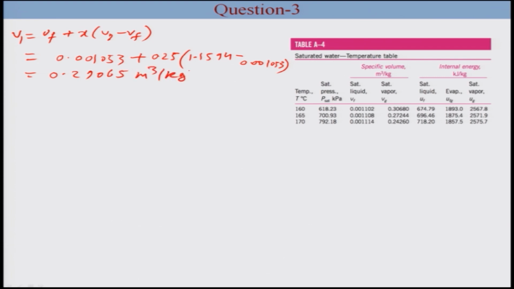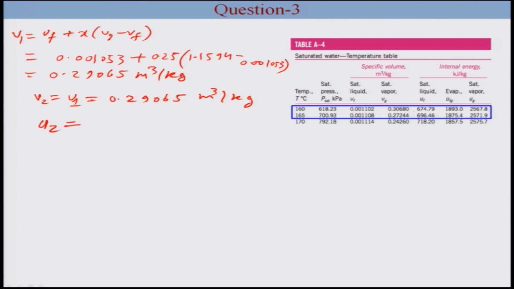Okay, so now we need to know internal energy and specific volume at state 2. Since it is given that volume is not changing, V2 will be equal to V1, which is 0.29065 meter cube per kg. Okay, we have to calculate internal energy at this state. Internal energy can be calculated at this given specific volume from this table.